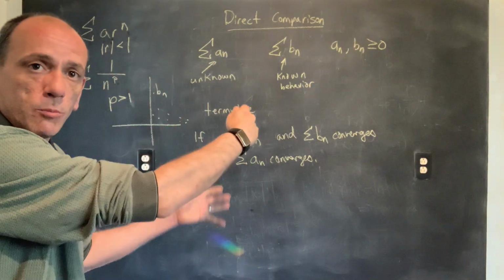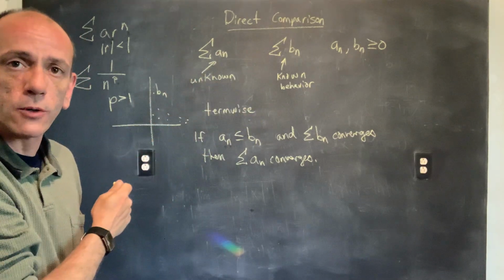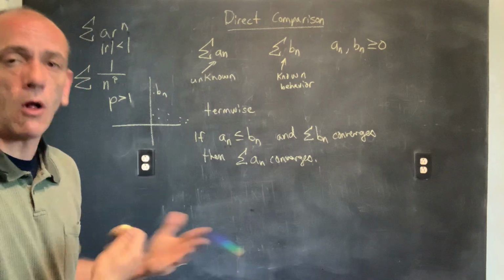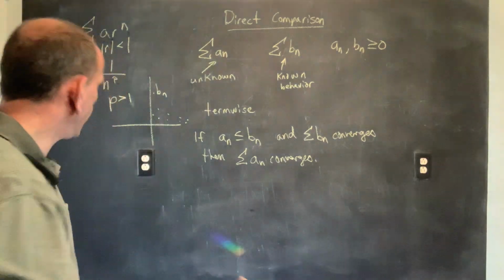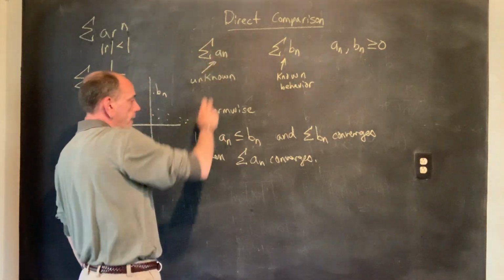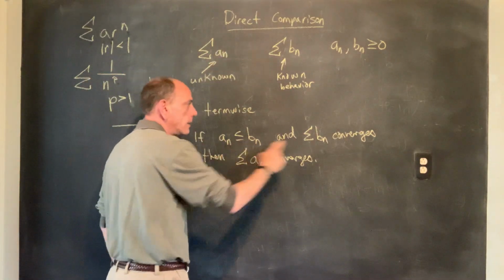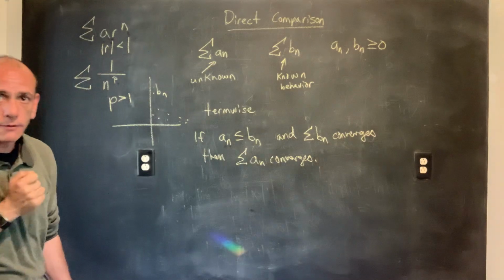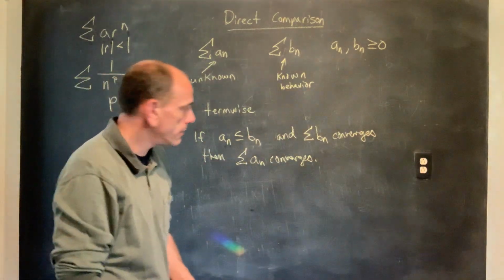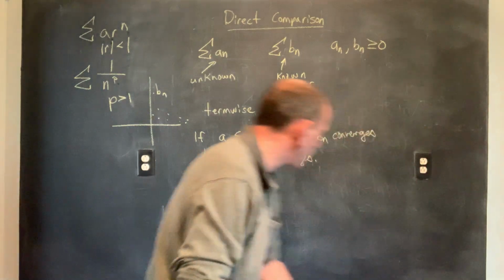Well, if adding up all the B sub n's went to a finite number, then adding up a whole bunch of numbers that are all less than that will also. Yeah? Okay. So in this case, our goal with direct comparison is to show less than a convergent series. If I can show that it's less term-wise than a convergent series, then I know that it converges.